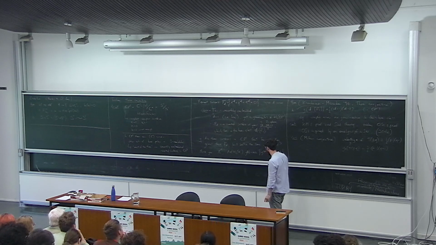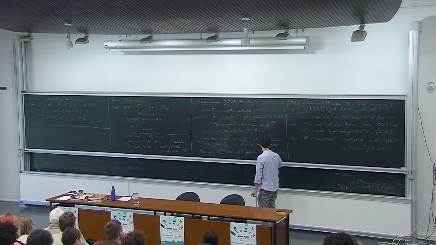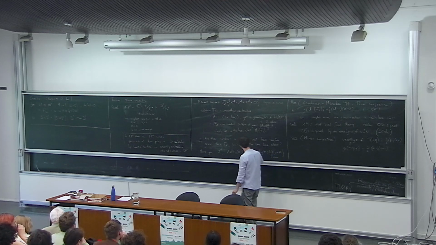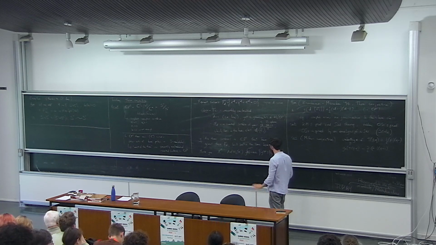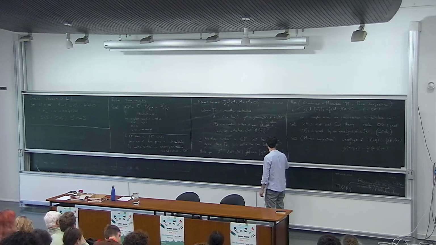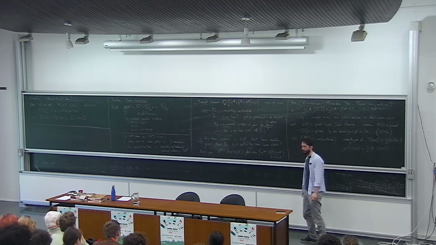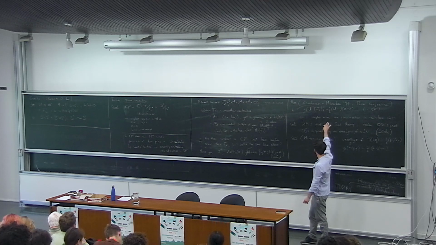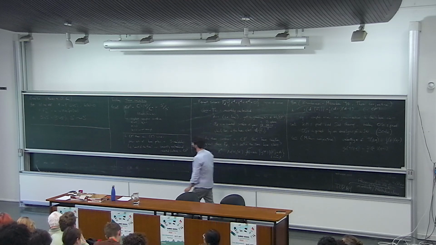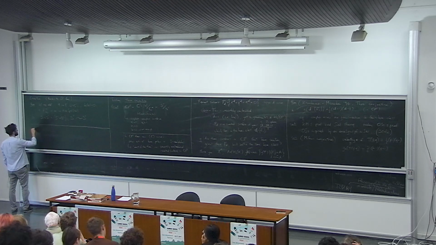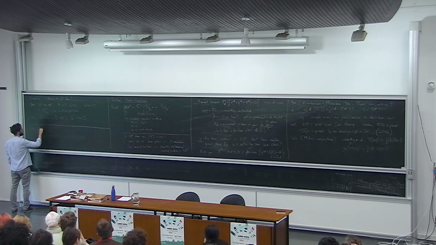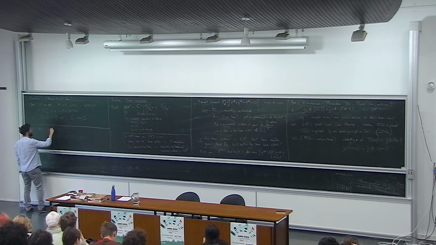So what I'm doing here is implicitly, if there's no subscript, I'm thinking of smooth. I'm always thinking of smooth stuff in any case. So I want F to be smoothly embedded in order for this to be true, because the statement is false in the locally flat category.